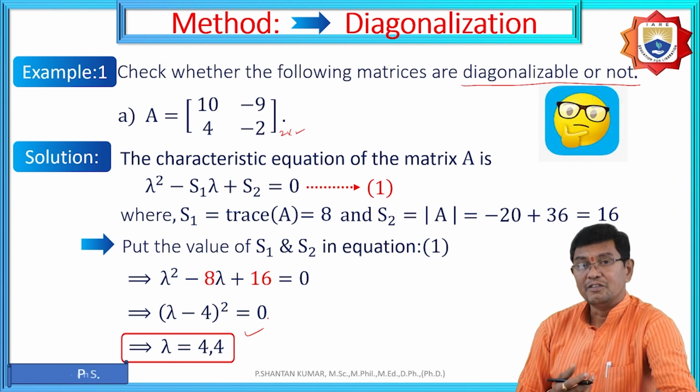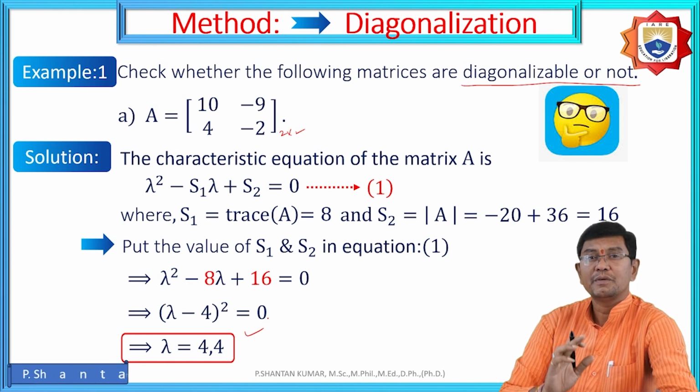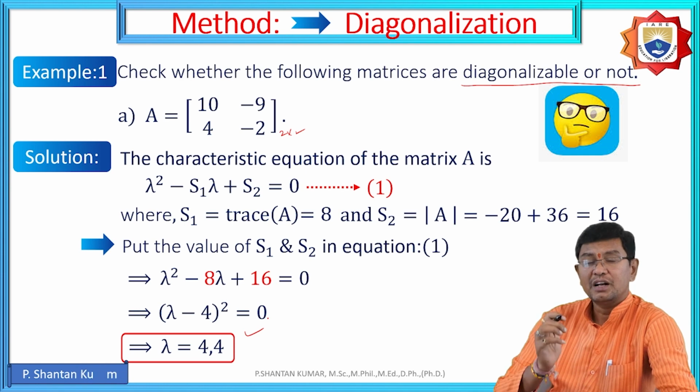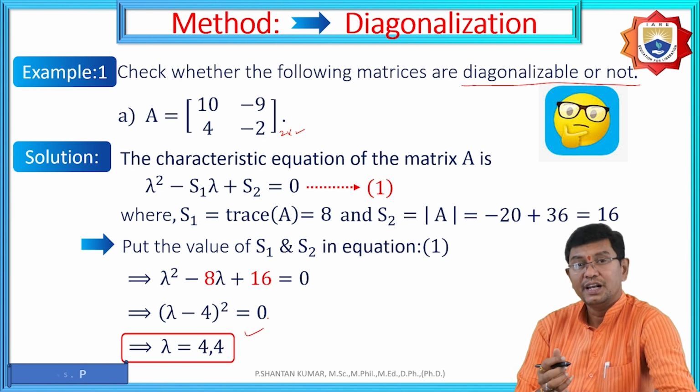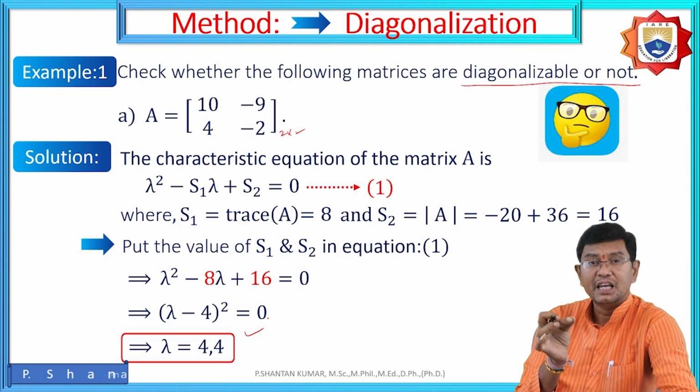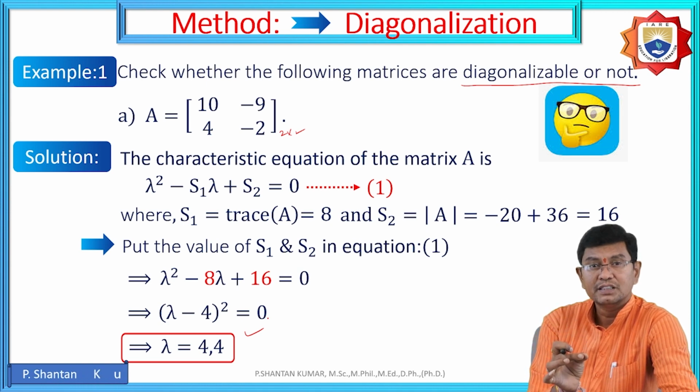Whenever the eigenvalues are different, the matrix is automatically diagonalizable. But whenever the eigenvalues are repeated, we need to check, for the repeated eigenvalue, what the algebraic multiplicity and the geometric multiplicity are. The algebraic multiplicity is how many times the eigenvalue is repeated.